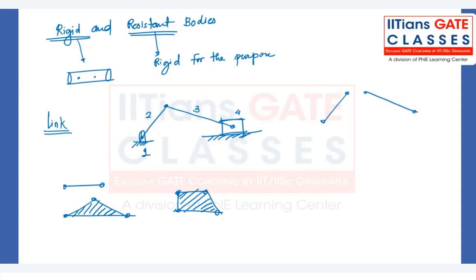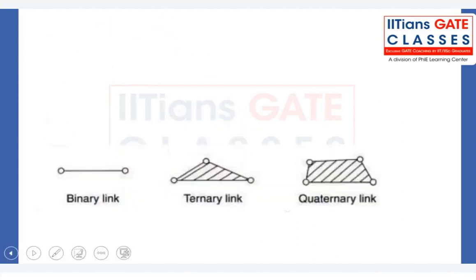Now it's time to understand the concept of a pair: how we can pair these links together, how we can combine or connect these links together. Because in order to make a mechanism, we have to connect these links together and assemble them. So we should understand how we can connect them. This is what I have explained just now, types of links.